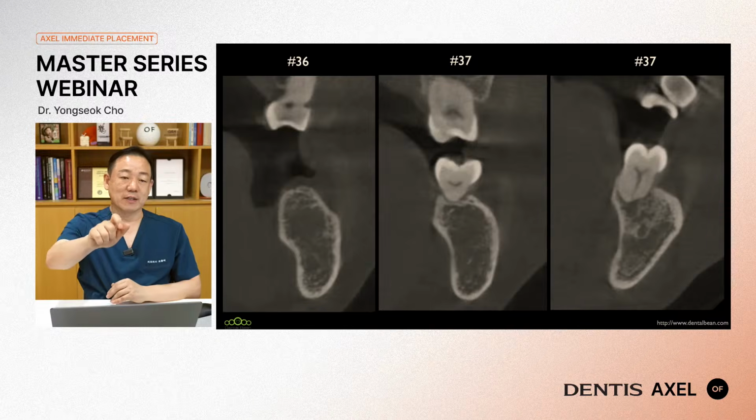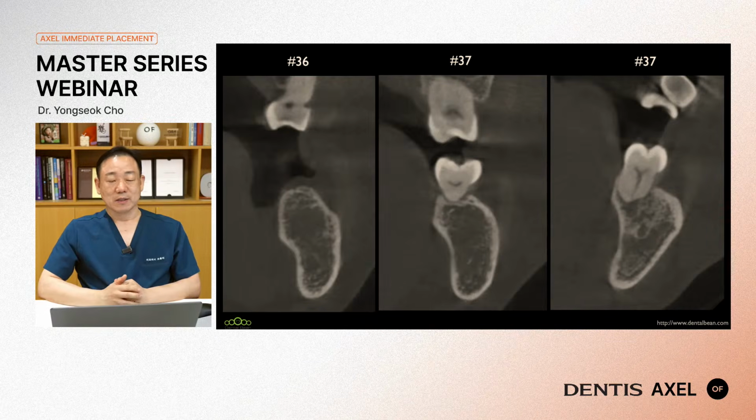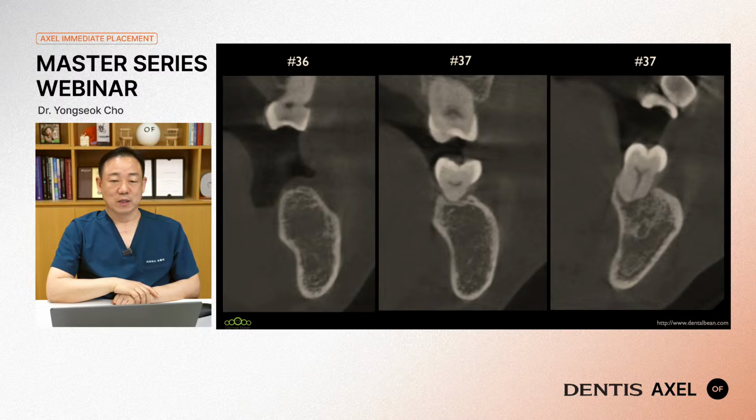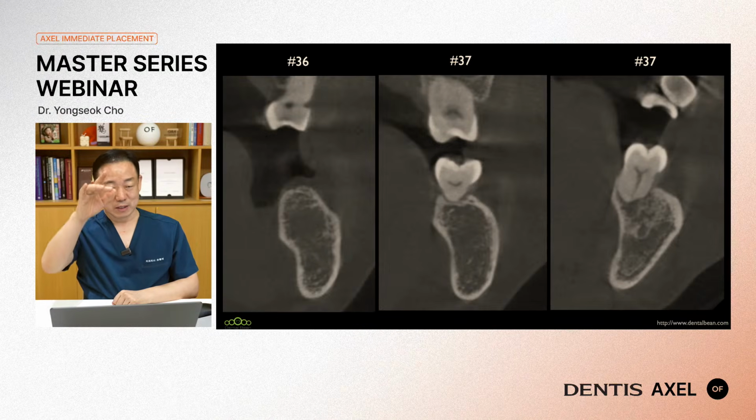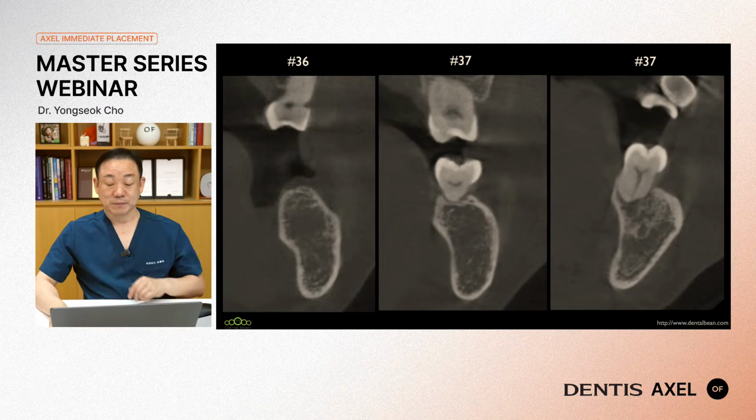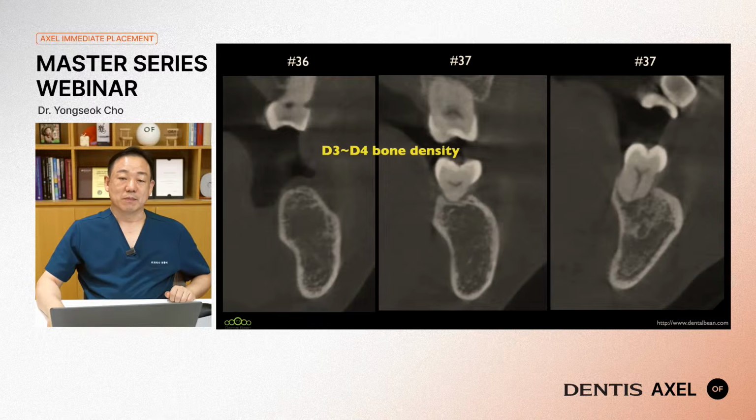Although the cortical bone is dense, we place the implant beneath the cortical bone, so it is difficult to get primary stability when we prep the osteotomy inadequately, and sometimes even the implant will dislocate into the mandibular canal, mandibular body itself, okay, not canal. Anyway, this is very poor bone quality.